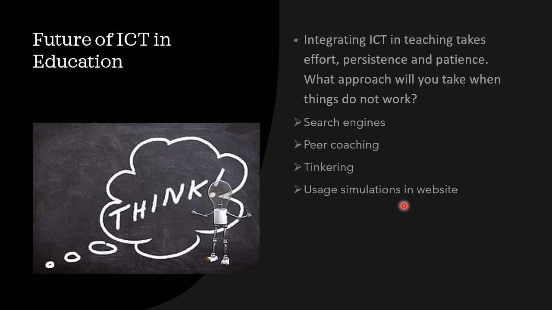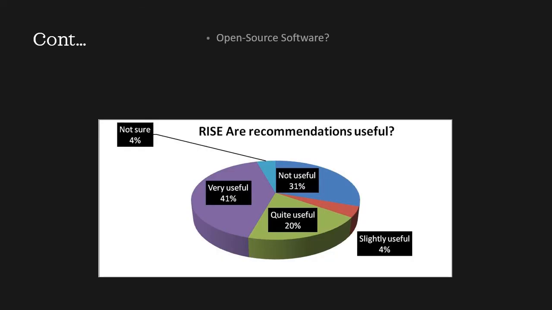Simulations are also provided on various websites. YouTube, for example, can give various simulations that can show you how to use various ICT tools. Open source software is also available to be used.